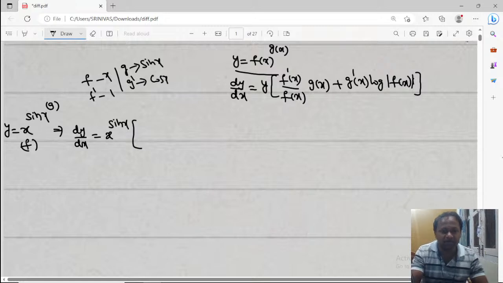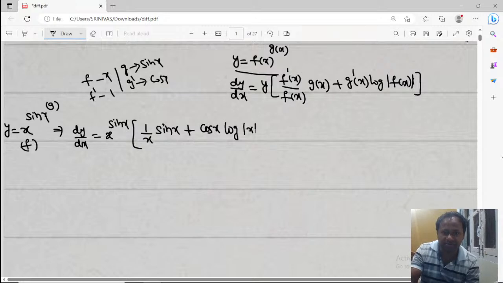Substitute here: f dash of x is 1 divided by x into g of x, which is sin x, plus g dash of x, which means cos x, into log mod f of x, which is log x. So this is the solution for the first one.